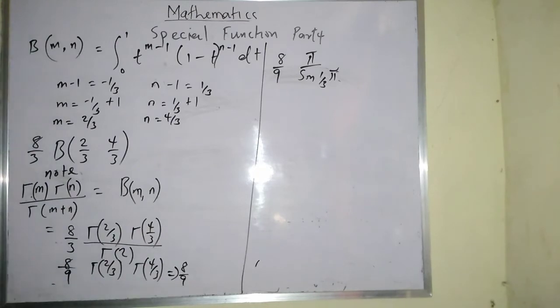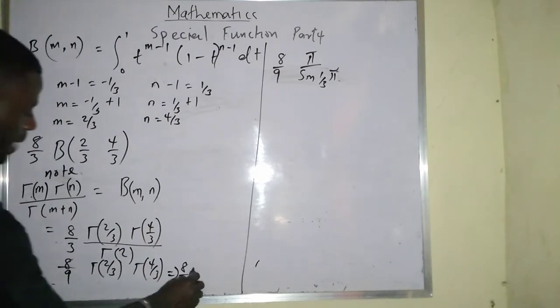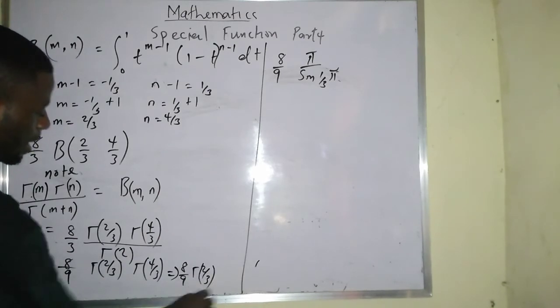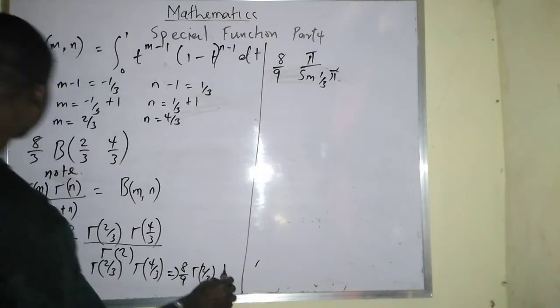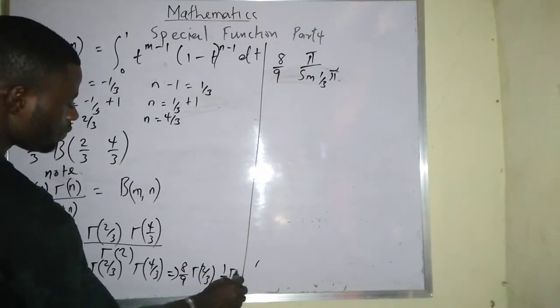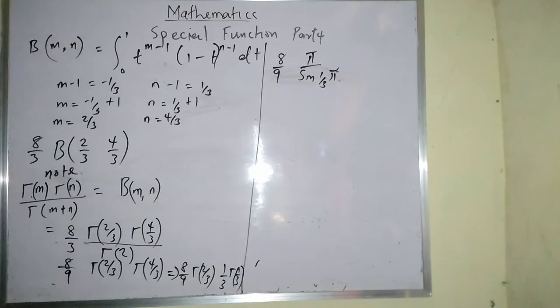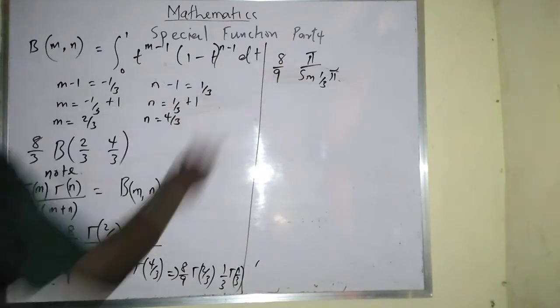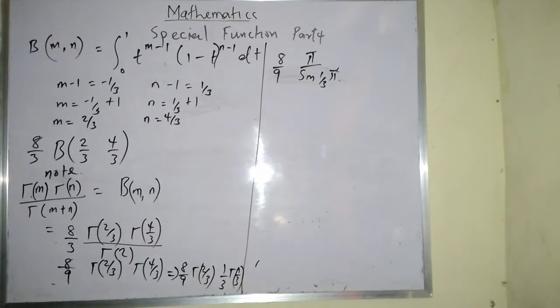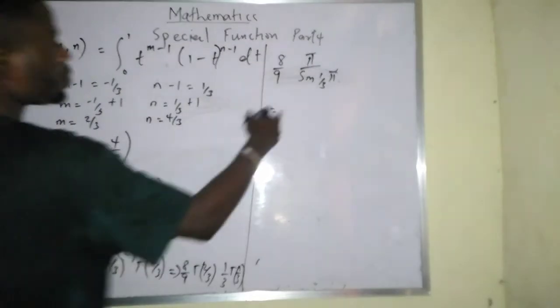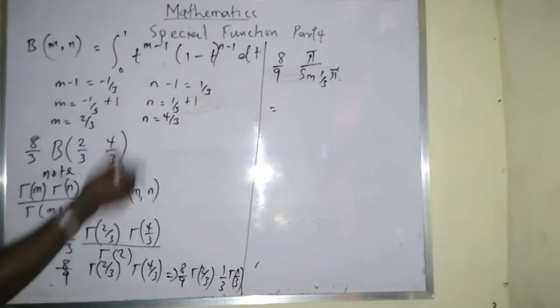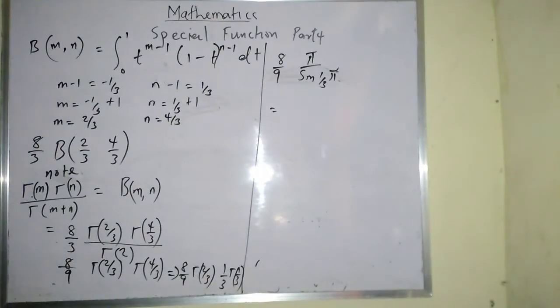all over 9, and it will now be 8 all over 9. I have gamma of 2 all over 3, and this one will now be what? 1 all over 3, and gamma of 1 all over 3. Since I have that, it will now be equal to, this one will be 180 divided by 3, that will be 45.